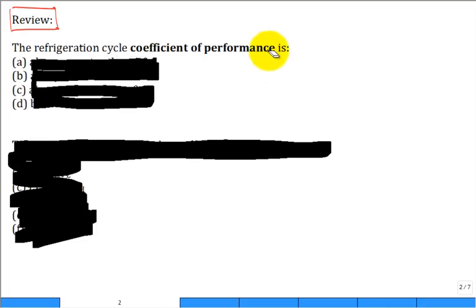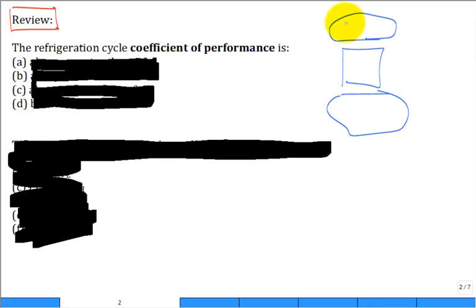Another question is a refrigeration cycle has a metric called the coefficient of performance. So as review, you think of having a system and you have a thermal reservoir and a thermal reservoir. By convention, we put the high temperature thermal reservoir on top and the low temperature thermal reservoir on the bottom.